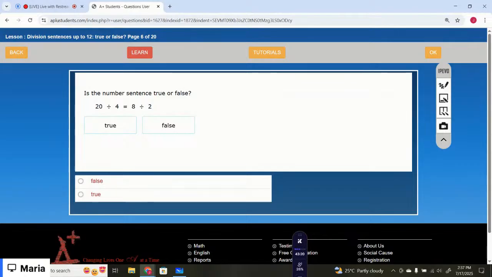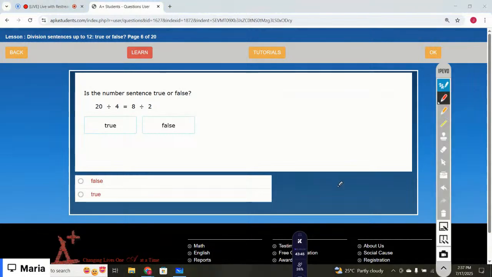Is the number sentence true or false? 24 divided by 4 equals 8 divided by 2. 24 divided by 4 is 6 and 8 divided by 2 is 4.